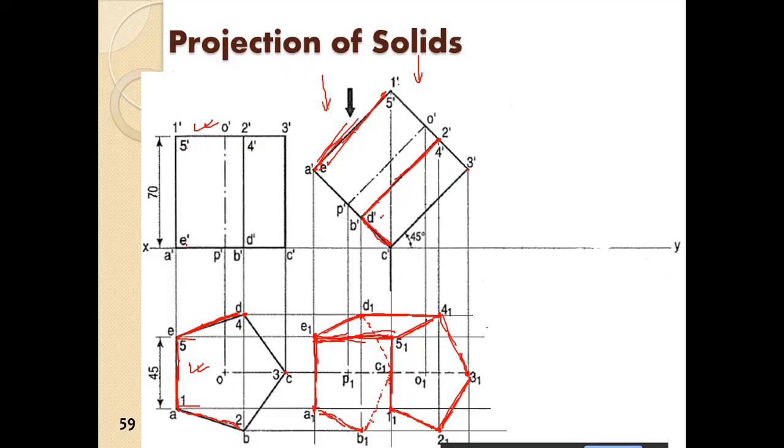So this will be A1 and A dash 1 dash. And B dash 2 dash also you will see. So this is the top view.